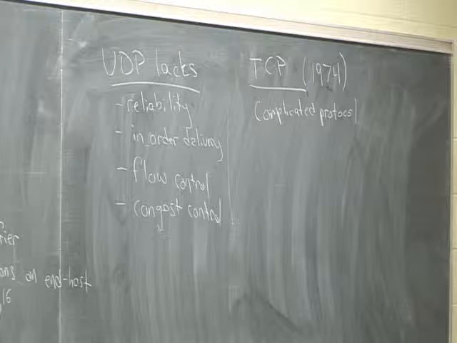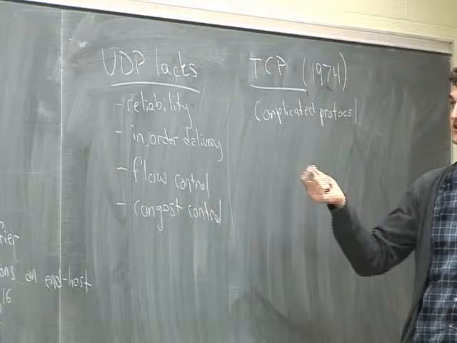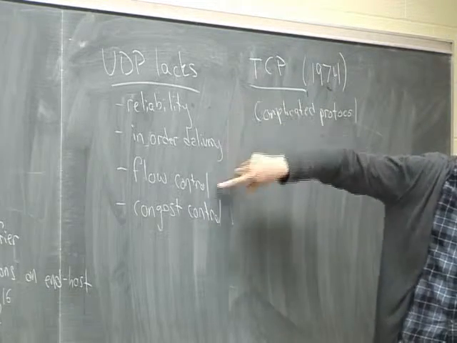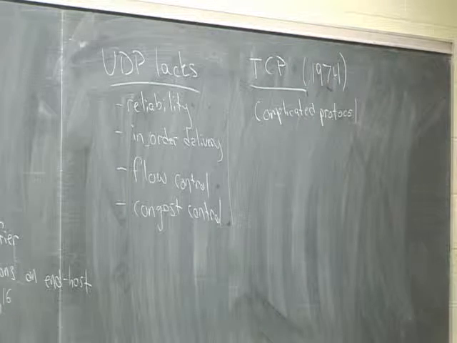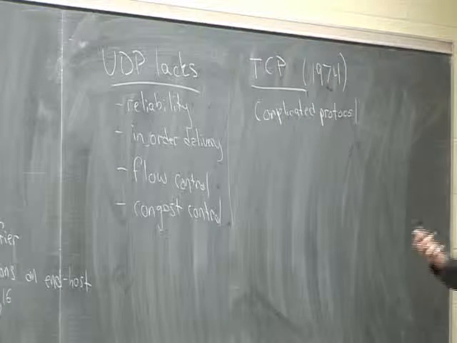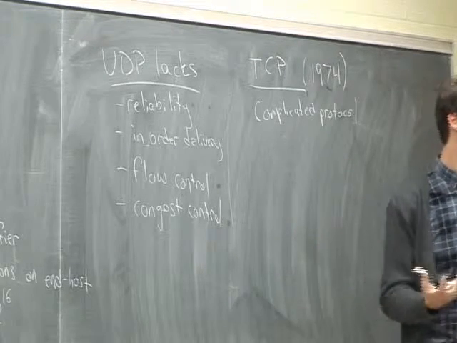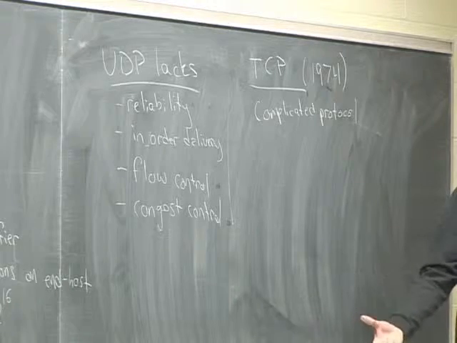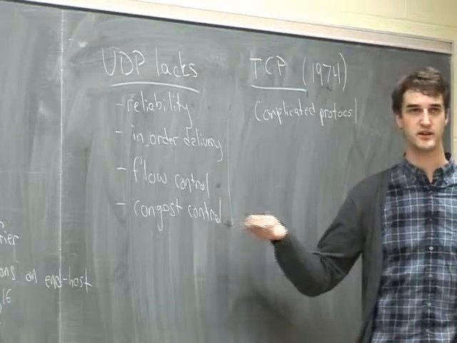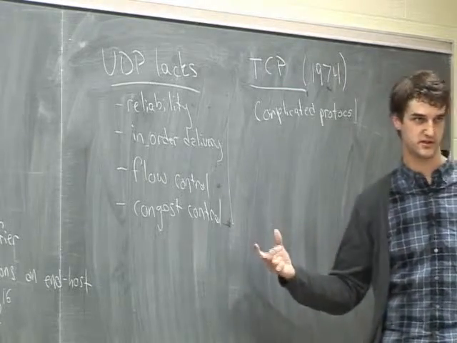It's quite complicated, and I feel it's really interesting, pretty cool how they achieve these things over an unreliable network, where the network doesn't give you any information about congestion control or flow control, except that if a link is overloaded, then the packet's dropped. That's the only information you have about congestion in the network, and based on that, you have to be able to do some sort of congestion control.